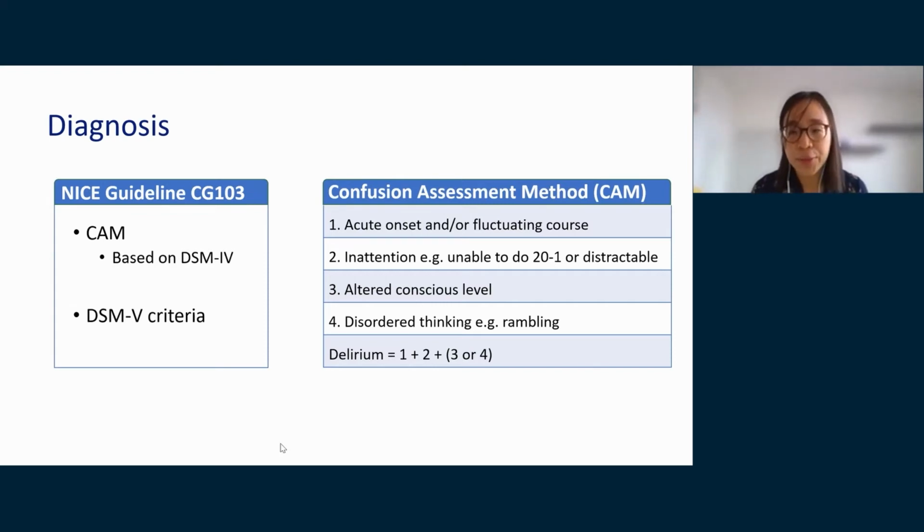In terms of disordered thinking, patients may be rambling, or we may notice that during conversation, they switch from subject to subject without a logical flow. It is important to also highlight that for many patients, formal tests may not be needed, where observing bedside behaviors such as patients aimlessly picking at their bedclothes or plucking the air are sufficient evidence of a change in mental status.